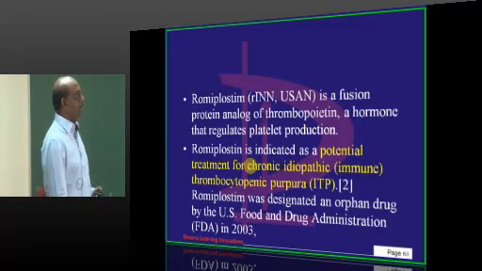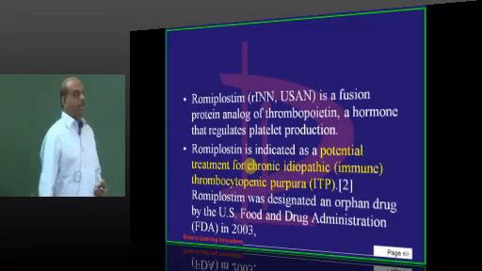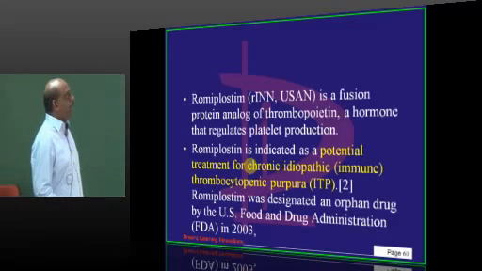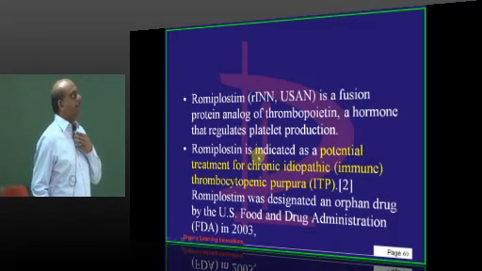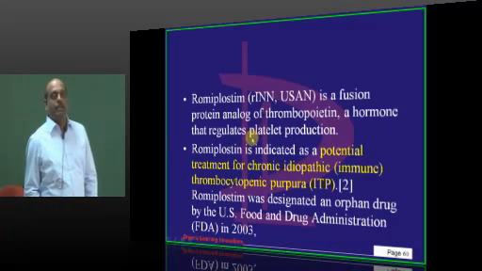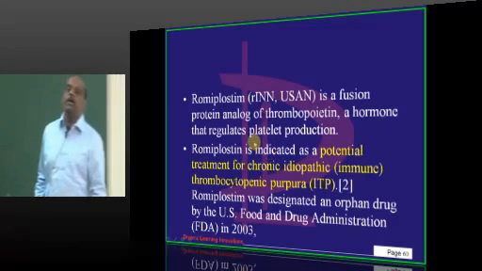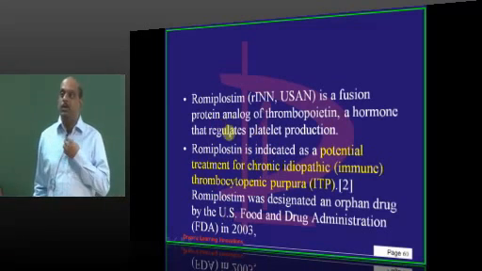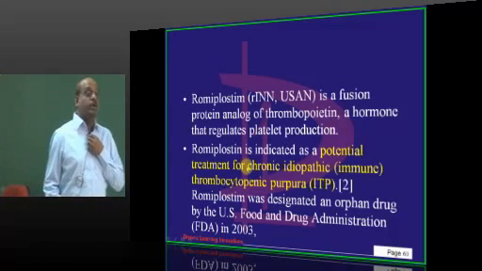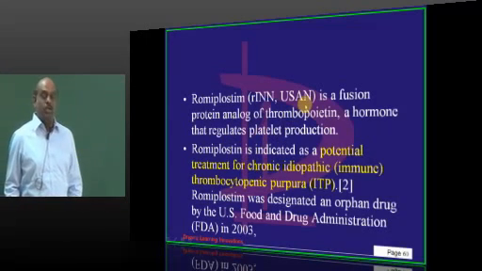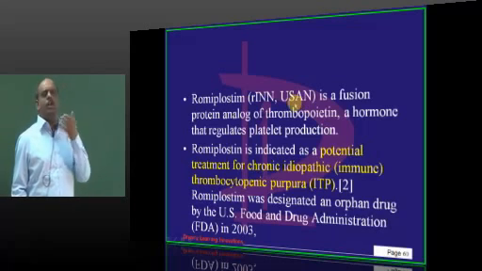Romiplostim is used in the management of chronic ITP. It is a fusion protein analog of the thrombopoietin, a hormone that regulates the platelet production, and used in chronic ITP patients. Chronic ITP to treat is very challenging. You will be exhausted with all immunosuppressants.